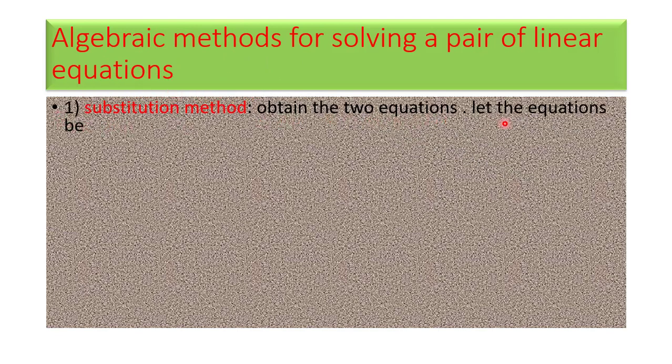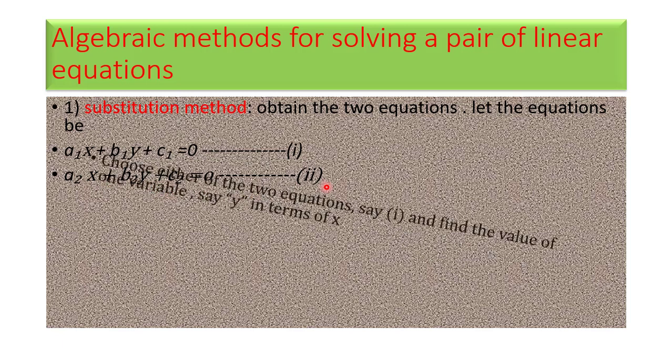Obtain the two equations. Let the equations be a1x plus b1y plus c1 equals 0, that is the first equation. Second is a2x plus b2y plus c2 equals 0.